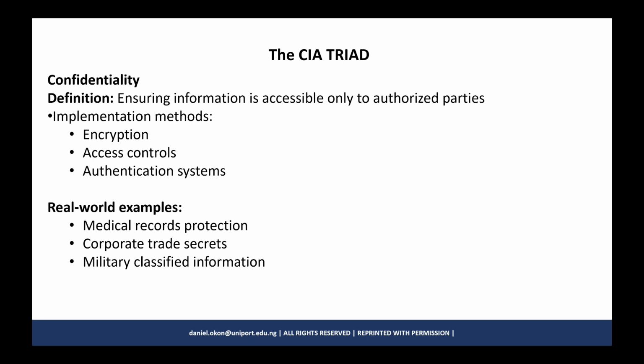No. Information is available only to authorized parties. But if I ask you, have you done your course registration? Are you meant to give me that information? Yes. Confidentiality means information should only be accessible to authorized parties.